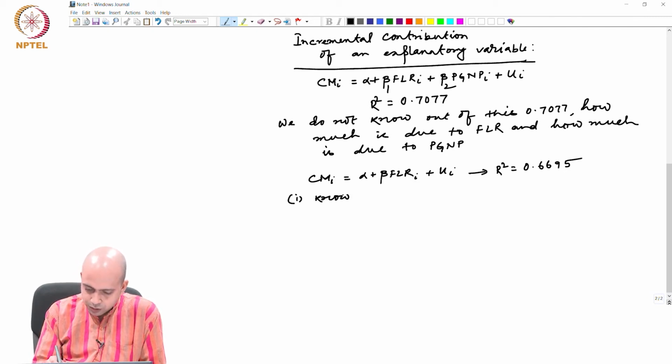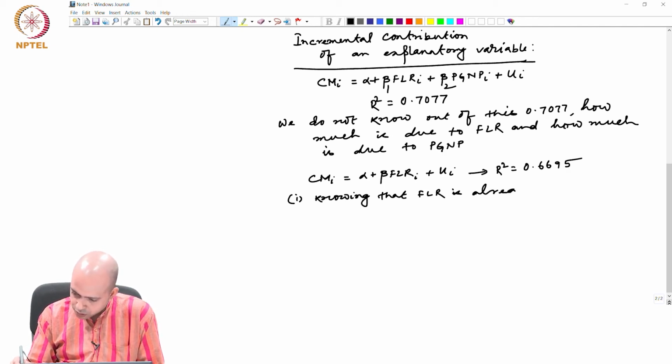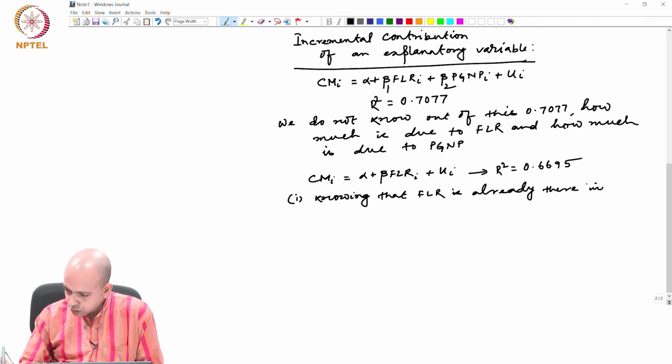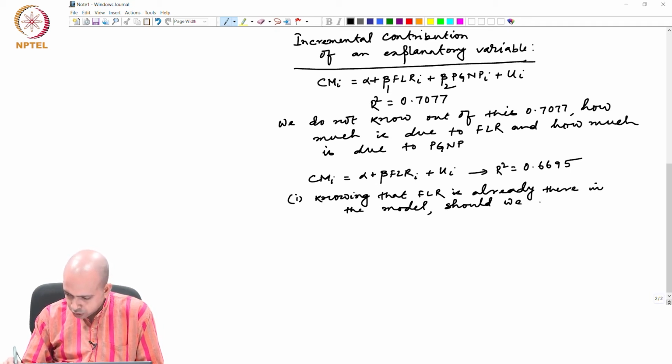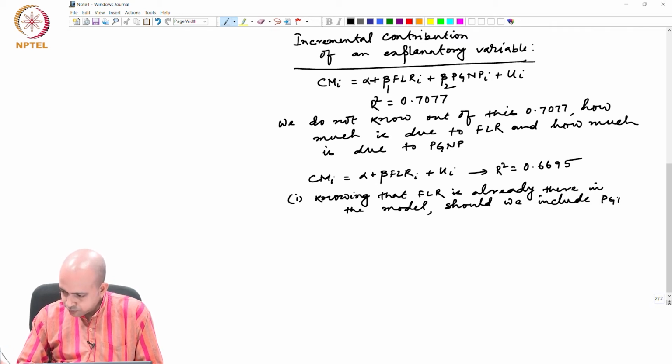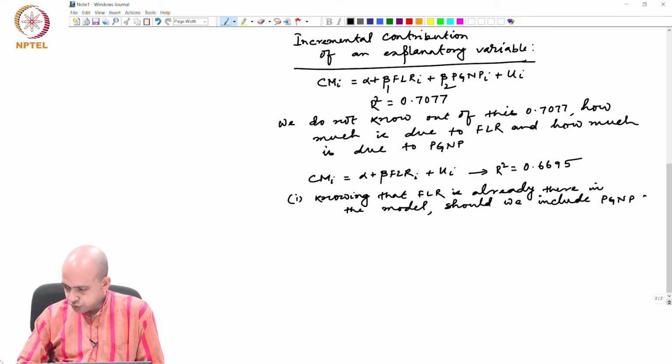Knowing that FLR is already there in the model, should we include PGNP? This is the question.